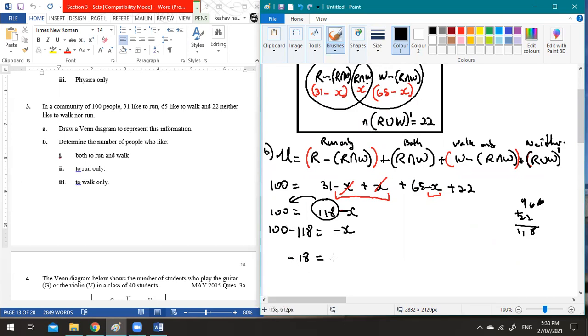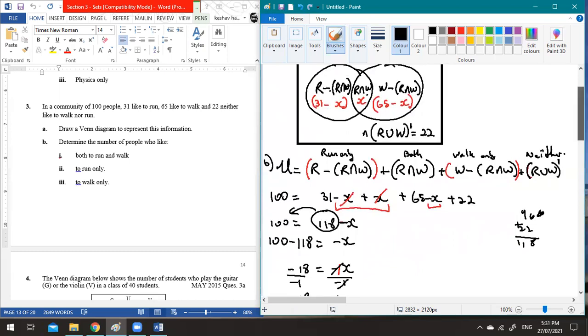Keep the negative sign, and again is negative X. And the coefficient of any variable is 1 when there's no number in front of it. So you're going to divide by negative 1 on both sides. So this here and this here will cancel to give us positive X. Negative 18 divided by negative 1 is positive 18. So 18 students, 18 people like to do both.